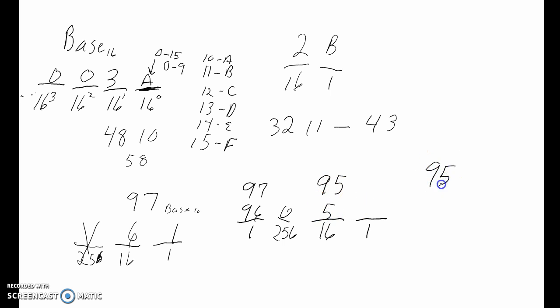And 95 minus 80, because 5 times 16 is 80, leaves us with 15. But I can't put a double digit here. So what I must do is pick what represents 15, and it's the letter F. F represents 15.